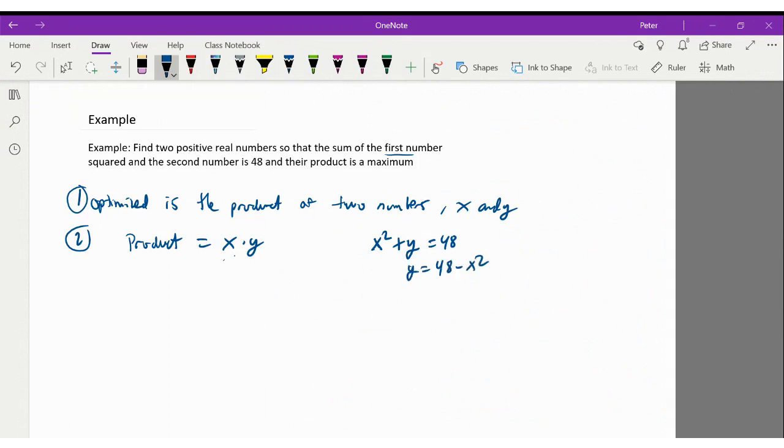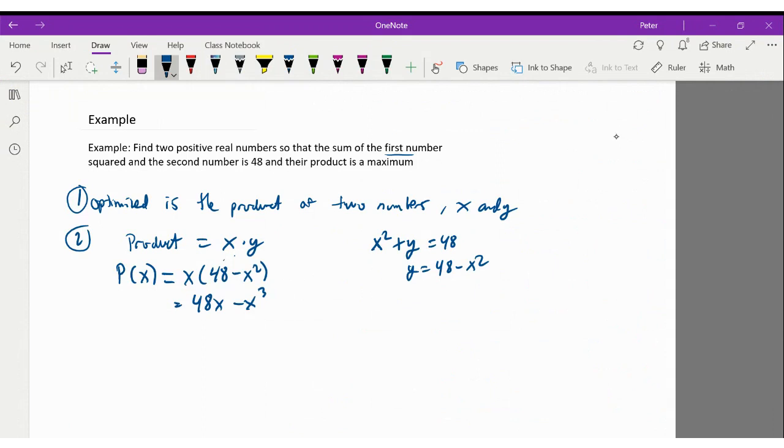So that means that, let's call it p for the product of these two numbers as a function of x, is going to be x times 48 minus x squared, which equals 48x minus x cubed. So now that's the thing that we want to optimize.